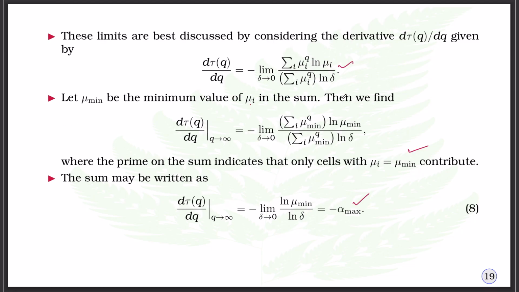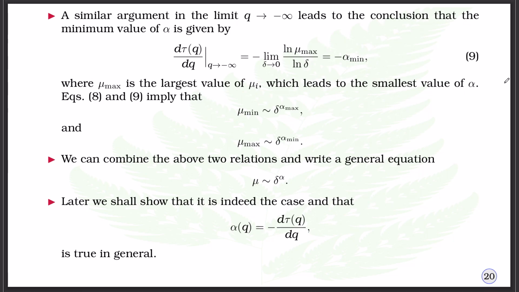So from 8 and 9, mu_minimum is directly proportional to delta^alpha_maximum, and mu_maximum is directly proportional to delta^alpha_minimum. We can combine the above two relations and write a general equation: mu is directly proportional to delta^alpha.